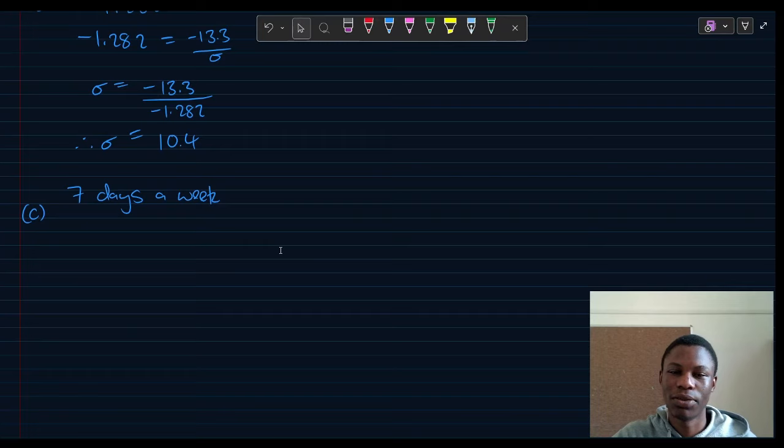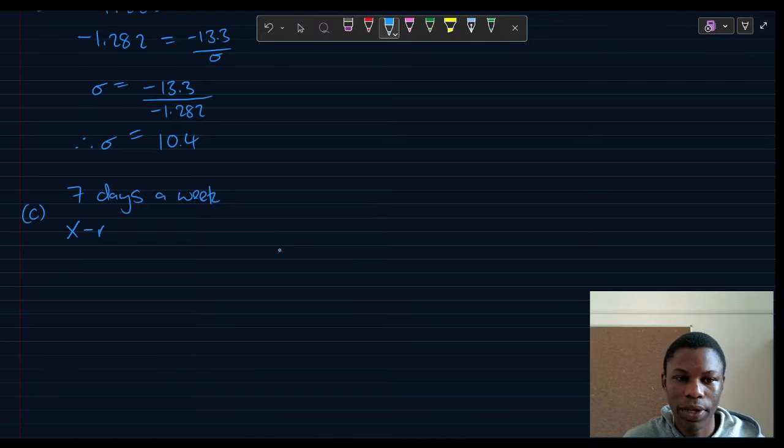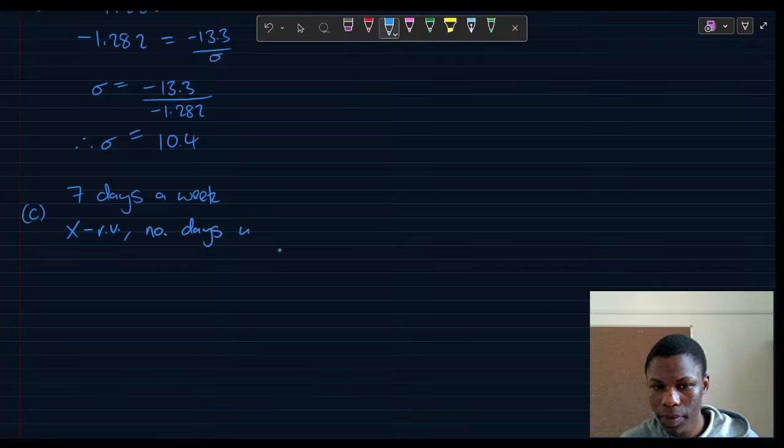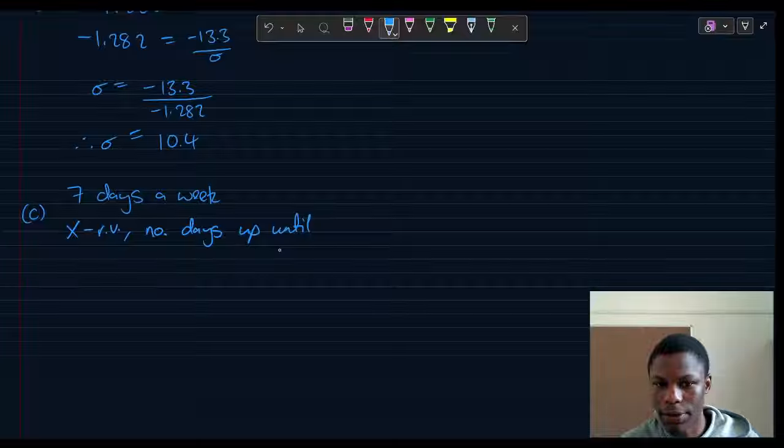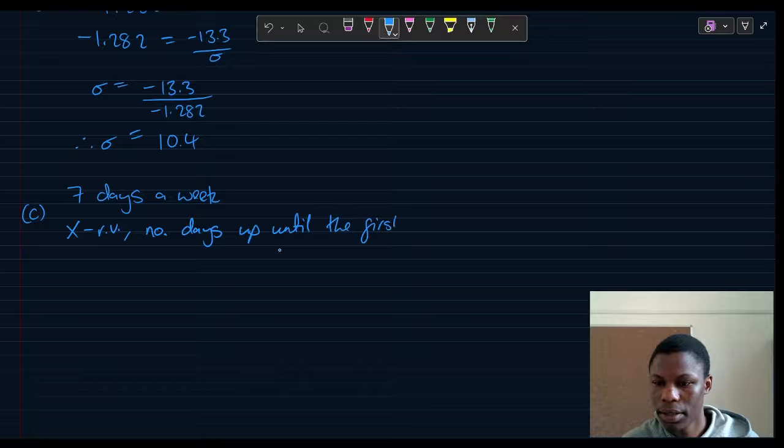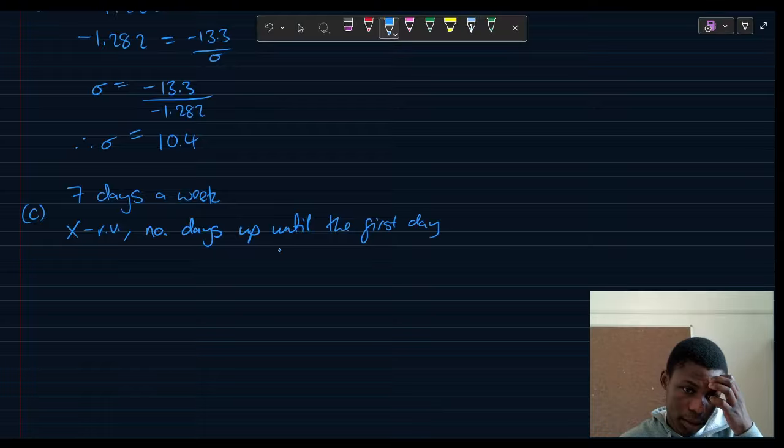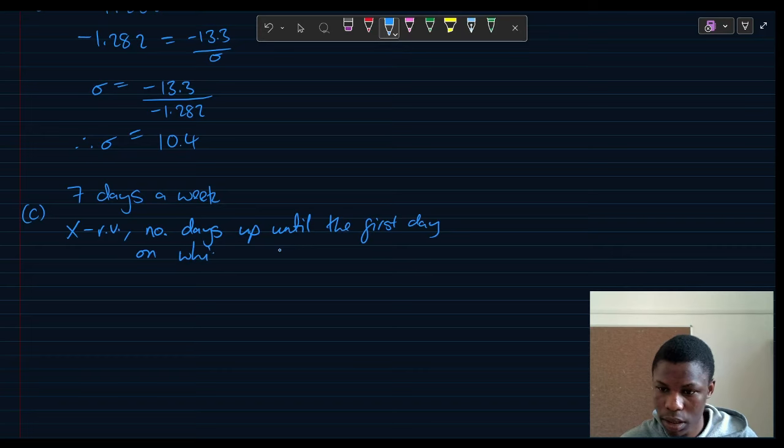Remember, a geometric distribution is just looking for that first success. And here we're looking for that first day with less than 59.1 kgs. So a success is a day that has less than 59.1 kgs. So I can define my random variable X here and say, let this be the number of days up until the first day on which less than 59.1 kgs of cherries are sold.